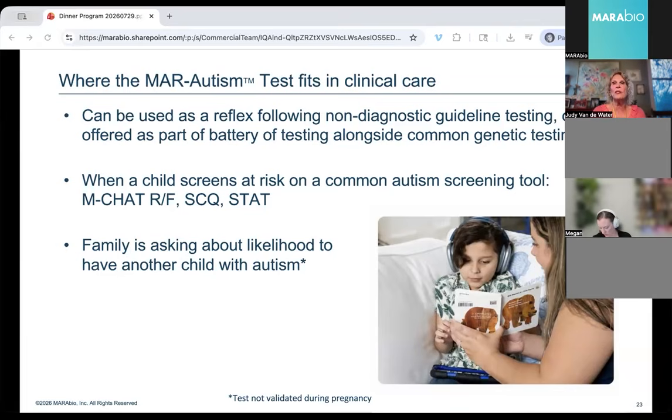And we have another paper that's in revision right now on that, especially with intellectual disability. There are certain patterns that will go with that. And then I think that's one of the important parts of this, is that a pattern is not just a MAR risk, but it also will tell you potentially whether this child will be more severe, a higher needs child versus a potentially lower needs child.